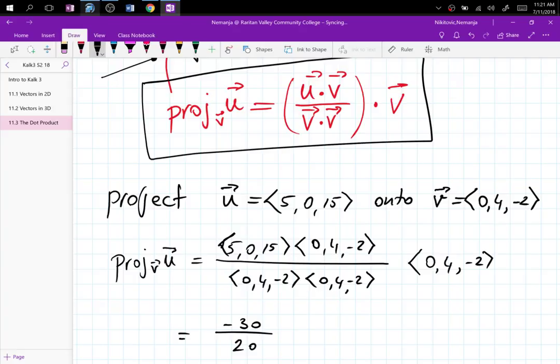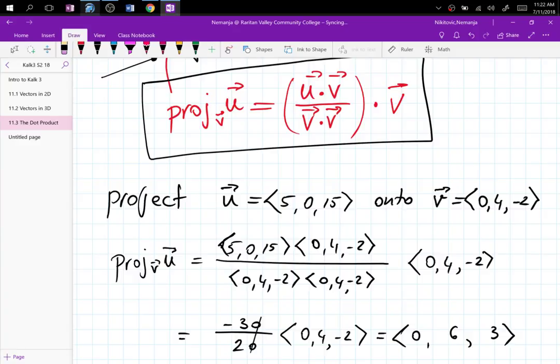Is it? When you multiply -3 halves, 0, 4, -2.